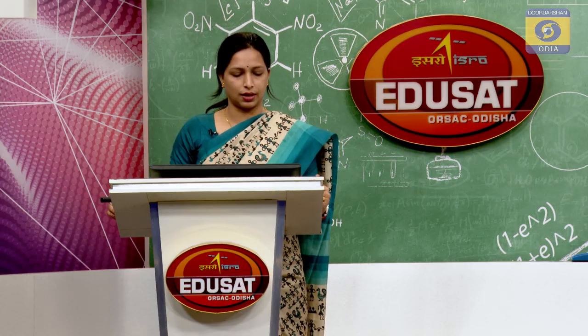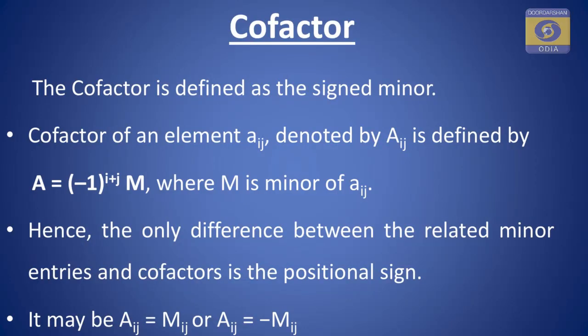Now, let us take a look at the slide again. So, the cofactor of an element a i j is denoted by capital A i j, which is defined by A i j equals minus 1 to the power i plus j into M. M means the minor. So, the sign and minor, that becomes the cofactor, right.